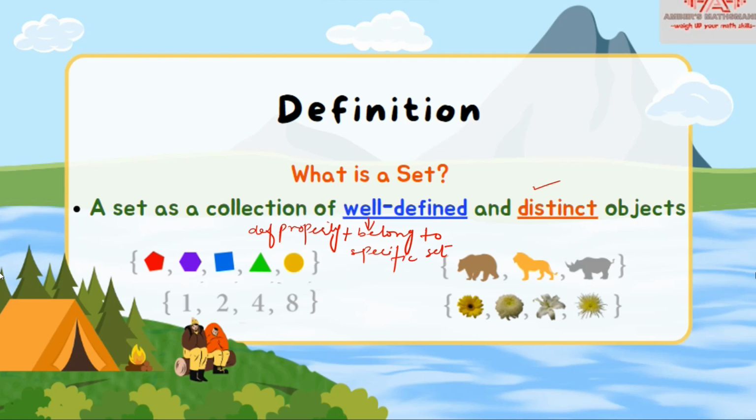Well defined means all objects are defined properly and they all belong to a specific set. Distinct means no repetition, and they should not be identical to any other object or element of the set. I hope you have understood both terms, well defined and distinct.